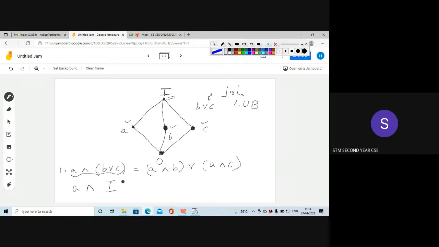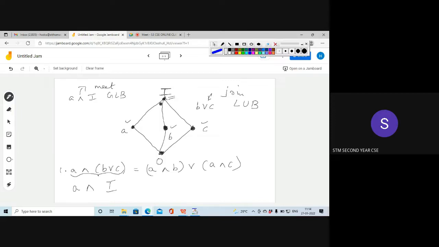What is A and I? This is A, this is I. And means the meet. Meet means the greatest lower bound. Now, what is the greatest lower bound of A and I?